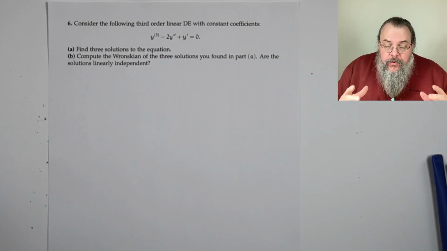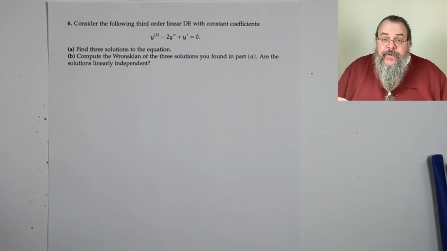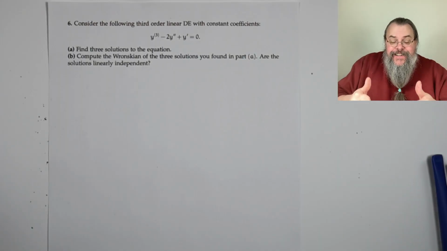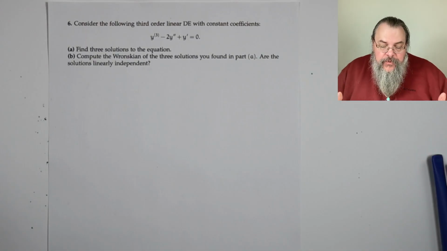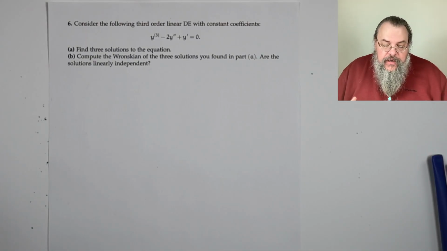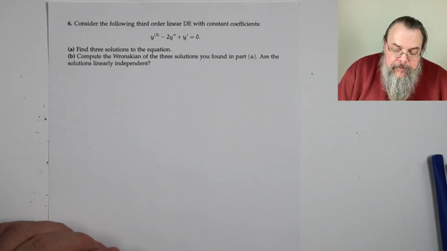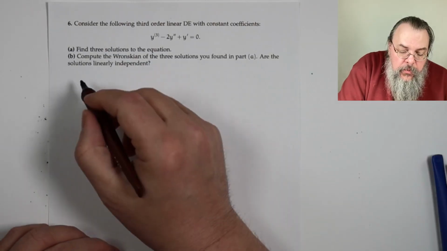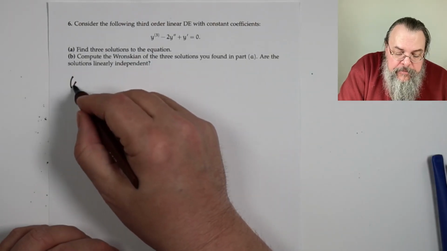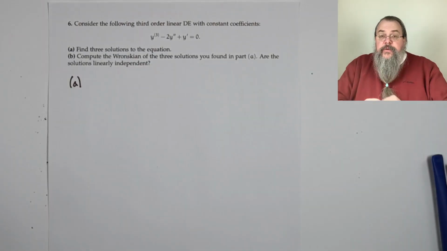Consider the following third-order linear differential equation with constant coefficients. In other words, nice. Find 3 solutions to the equation. Okay. Now, interesting. Well, part A. Find 3 solutions.